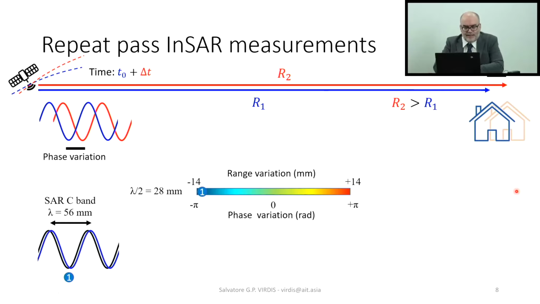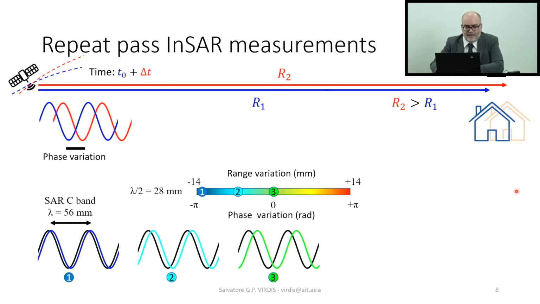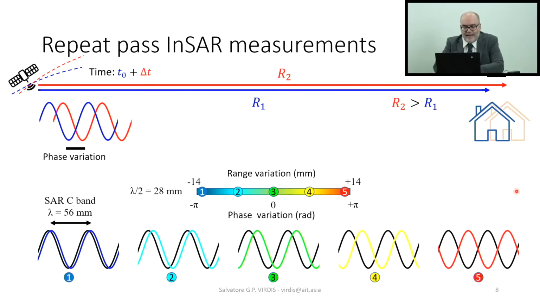This variation could be of small entity or relatively higher entity. So we can monitor how this phase varies in a certain interval.